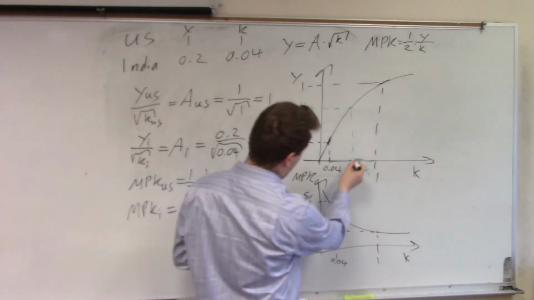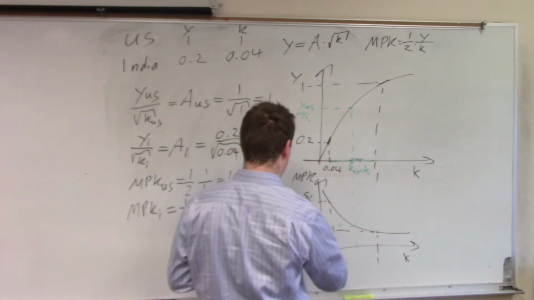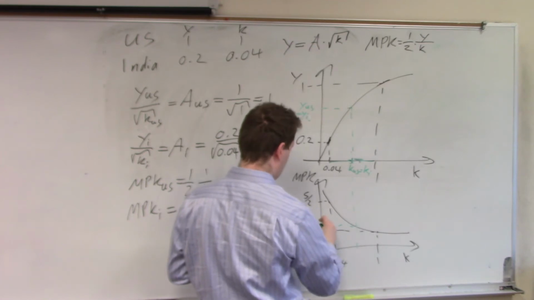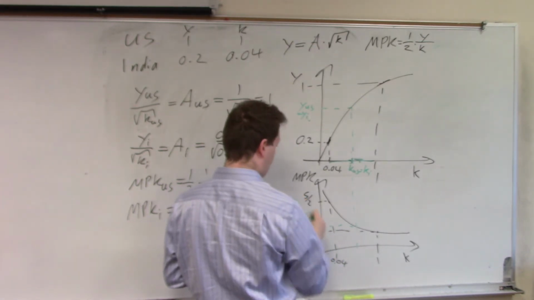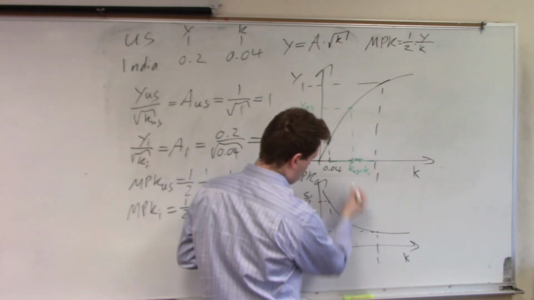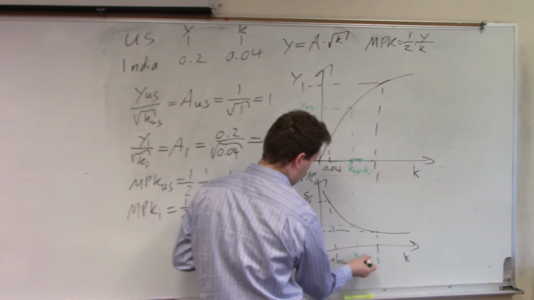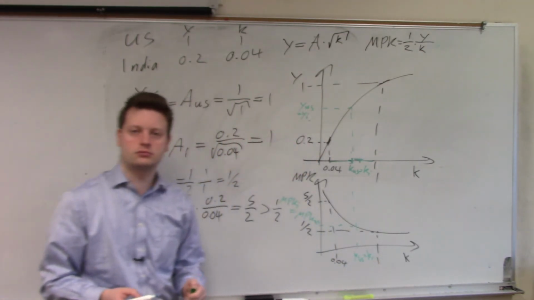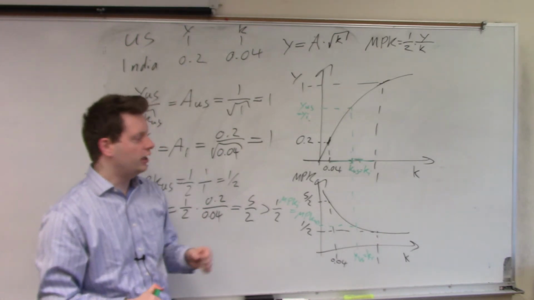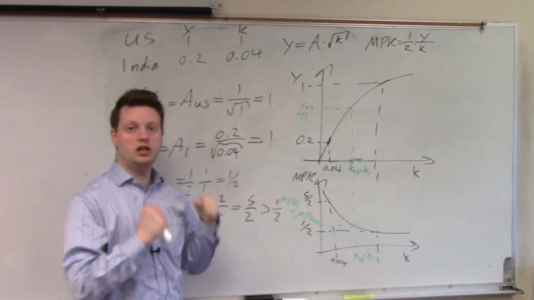At this point, we will also have MPK_US is equal to MPK_India, just like capital US is equal to capital India. Okay, so based on this, capital should flow from the US to India.